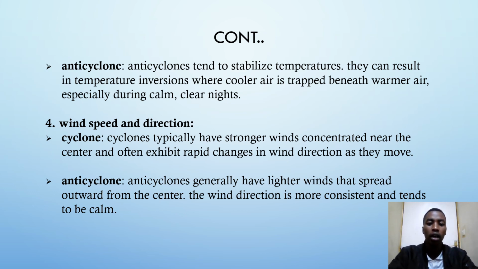Anticyclones generally have lighter winds that spread outward from the center. The wind direction is more consistent and tends to be calm. That is the difference in wind speed and direction between cyclones and anticyclones.